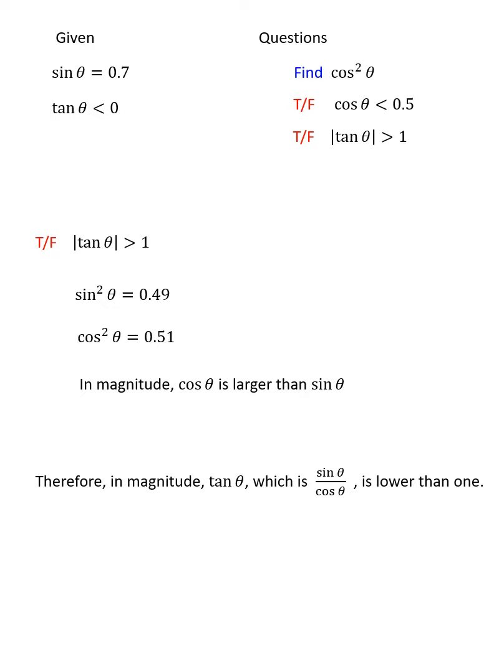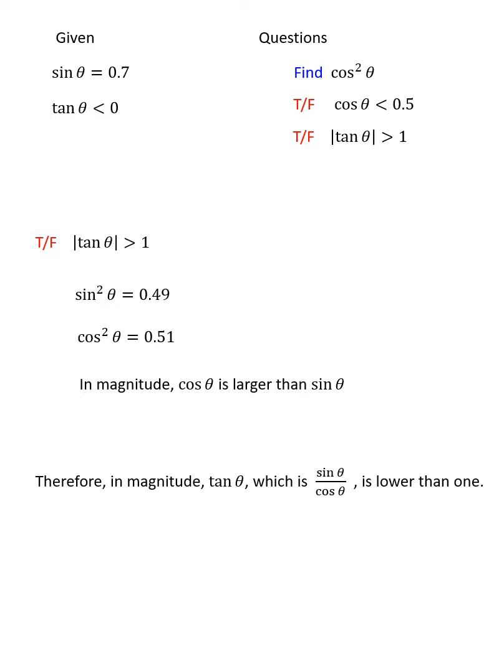Why is this? Well, when you look at the fraction sine divided by cosine, if we know that the cosine is larger in magnitude, then the denominator is bigger. And if the sine divided by the cosine is a fraction with a bigger denominator, then, as we always know, when the denominator is bigger, it must be lower than 1. And therefore, in magnitude, the tangent is lower than 1.